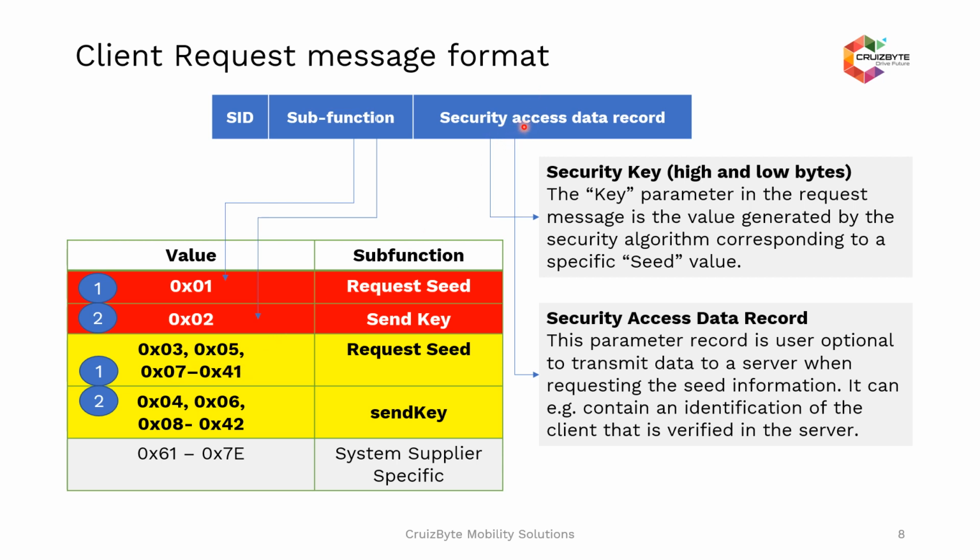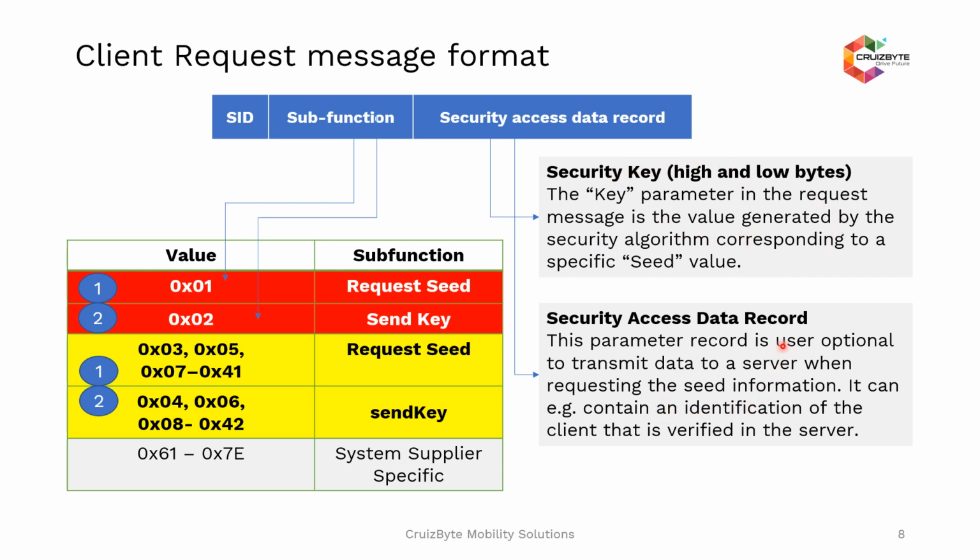And the security access data record consists of two parameters. One is the key parameter, where once the seed is available from the ECU, the calculated key is sent with the help of the security key, a 2-byte value.